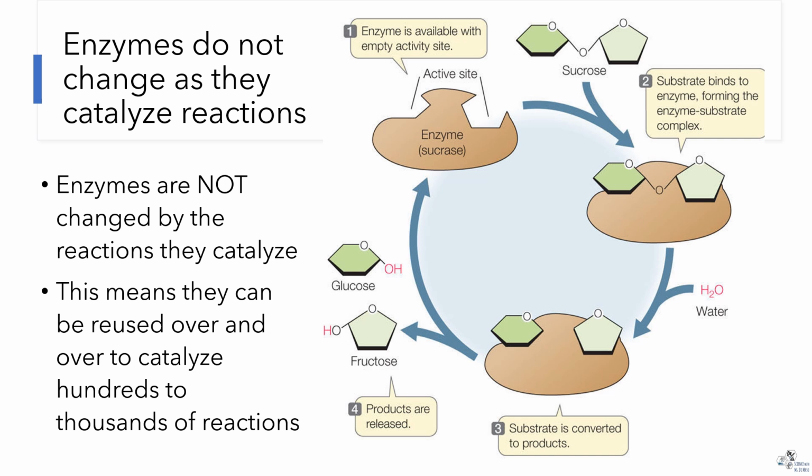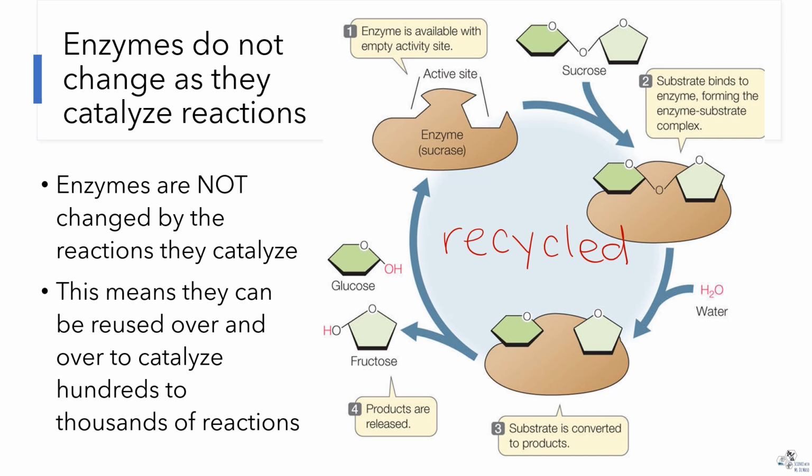Another really key point with enzymes: they do not change as they catalyze their reactions. They're not used up. We call them recycled, because one enzyme can perform a reaction over and over and over again. Think about how much energy it would take the cell if it had to perform thousands of reactions in a second, and it needed to make a new enzyme for each one of those reactions.